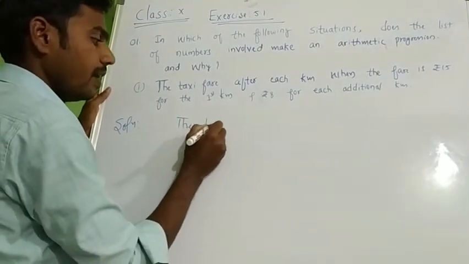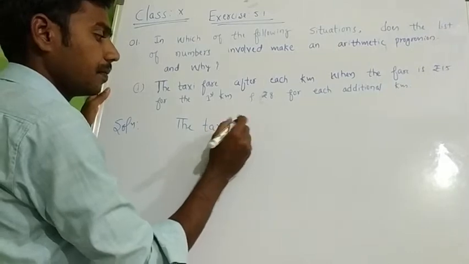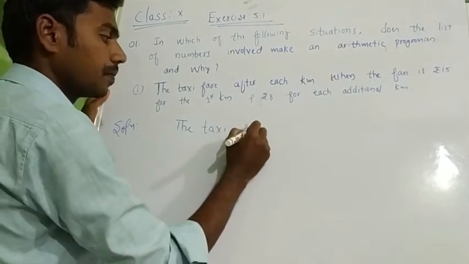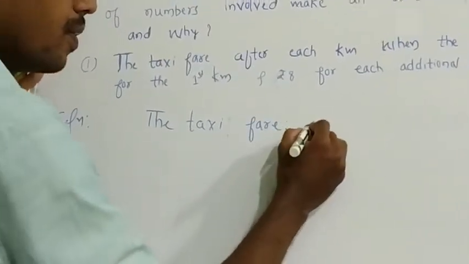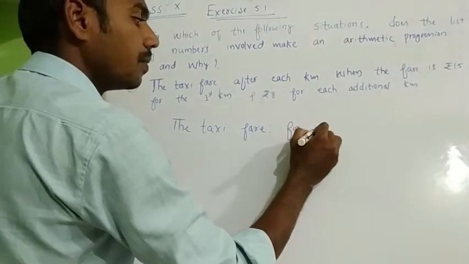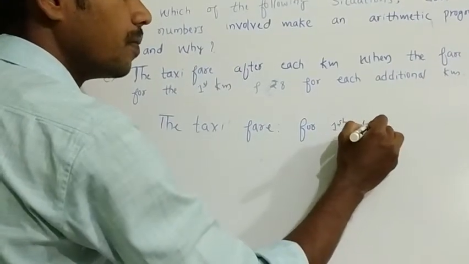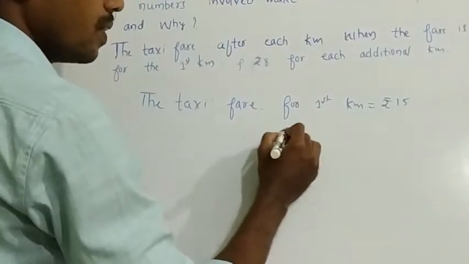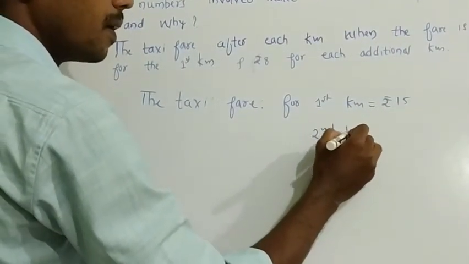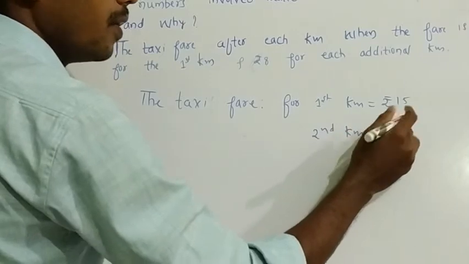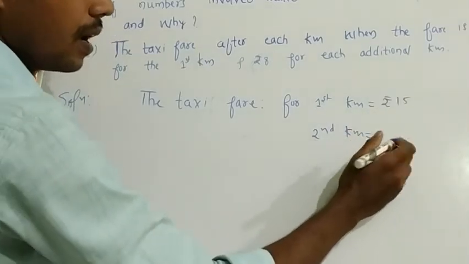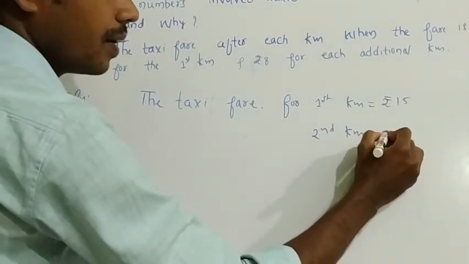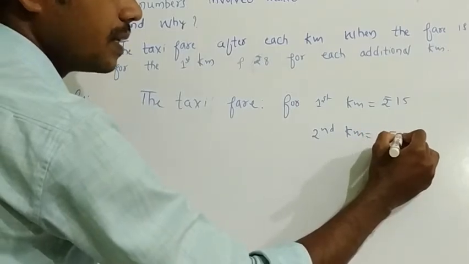The taxi fare for the first kilometer is rupees 15. For the second, it is 15 plus 8.